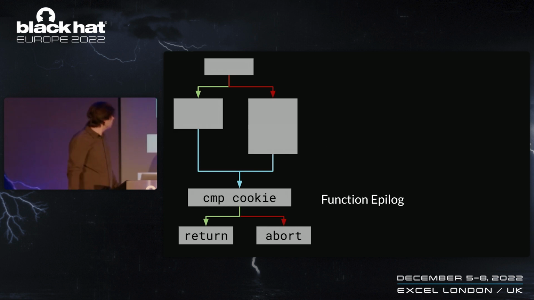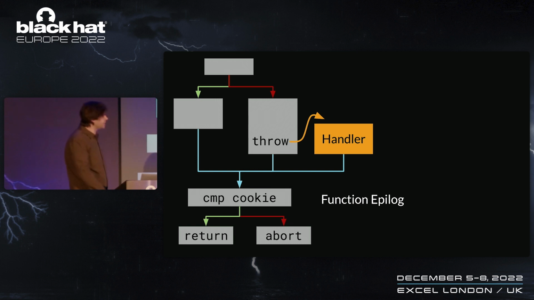Let's look at an example. So consider the call graph of a function that applies stack protectors. In the epilogue, you see the cookie check emitted by the compiler. If we overflow the return address, we also overflow the canary, so the function will abort. Now consider that this function also handles exceptions.